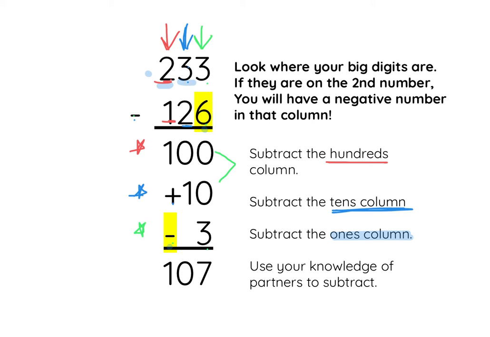So 100 plus 10 equals 110. And then you're going to subtract 3, which gives you your partner of 107. Great job. Remember what I told you about any column can be positive or negative, so pay attention to that.